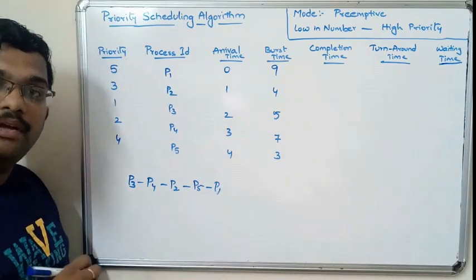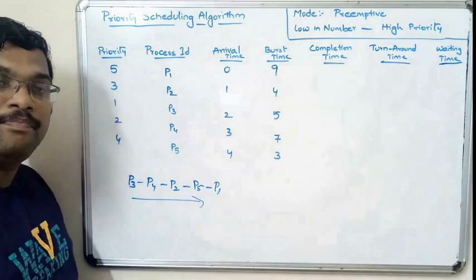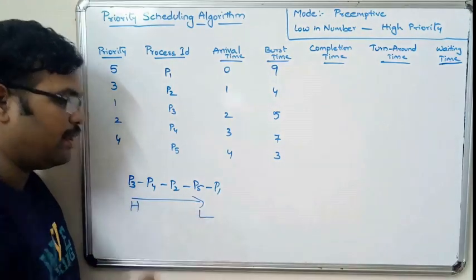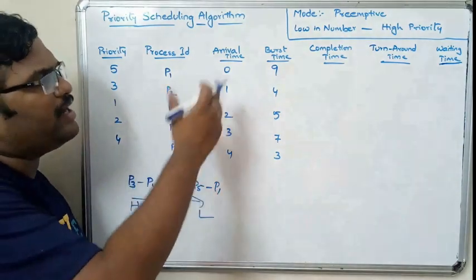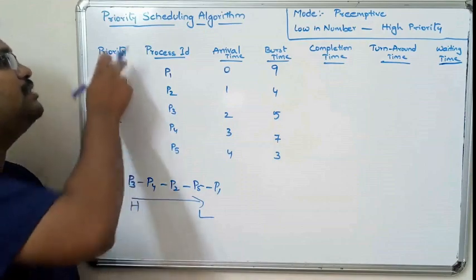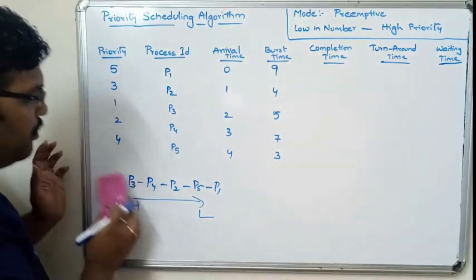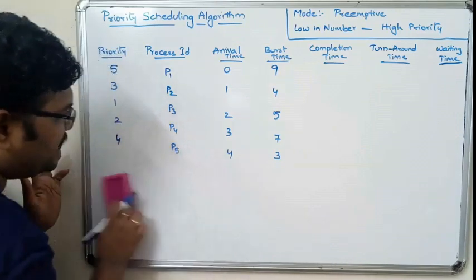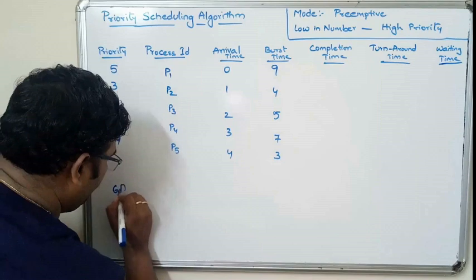So this is the order from highest priority to lowest priority, high to low. Other than arrival time and burst time, we are writing just according to the priorities. Now let us draw the Gantt chart so that we can find all those things.